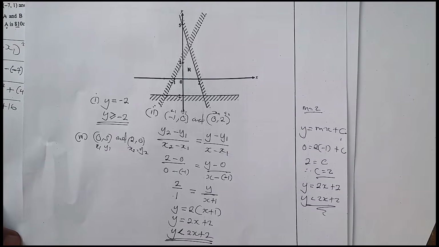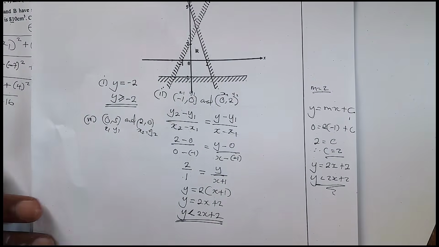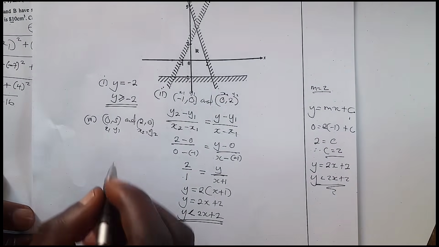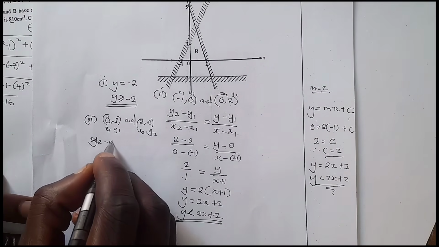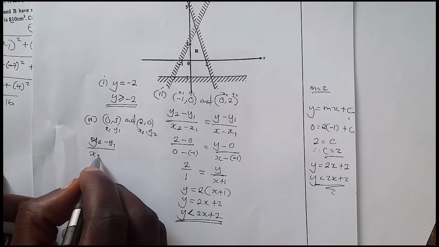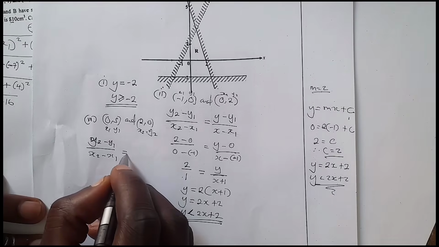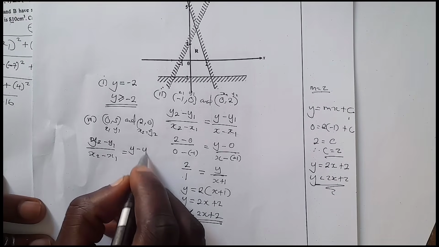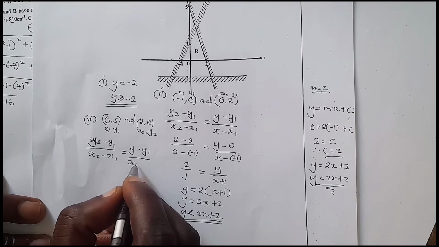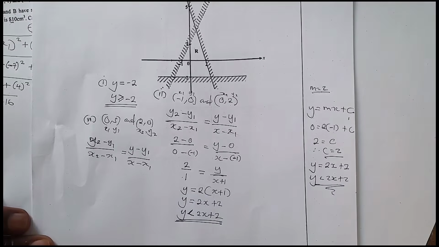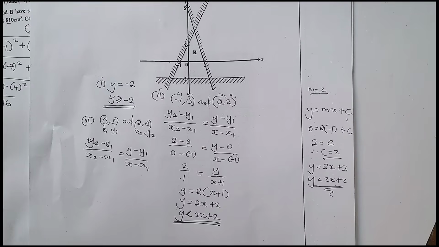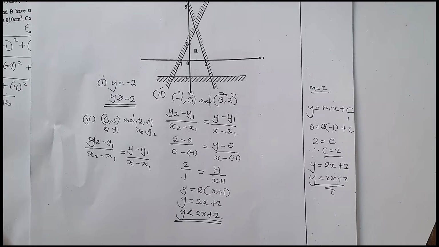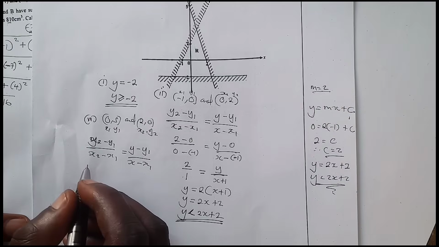Am I right? Yes. So using our formula, since we have 2 points, y2 minus y1 over x2 minus x1 is equal to y minus y1 over x minus x1. Then you substitute. Are we together? Yes. Just substitute.